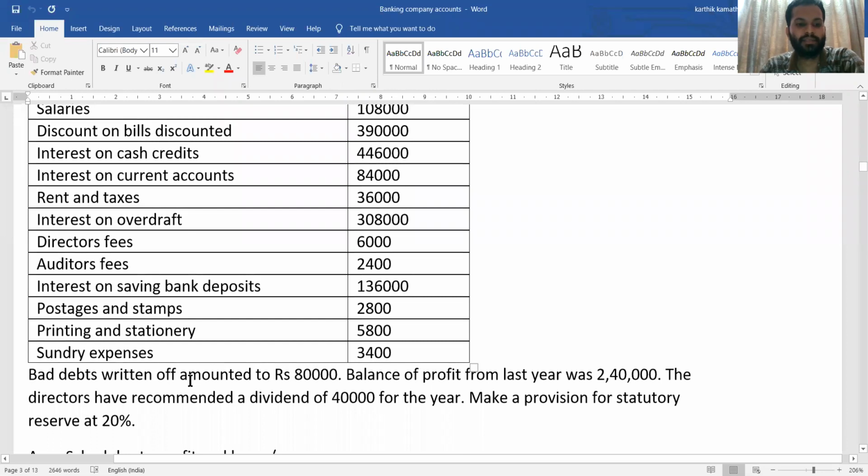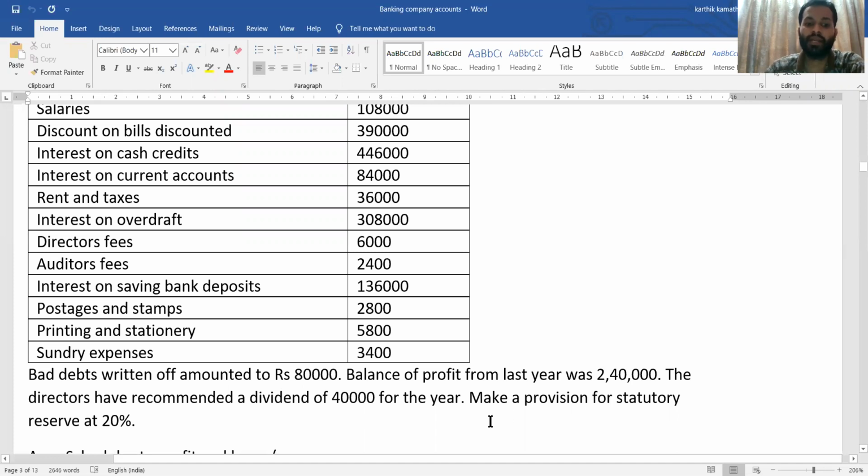Bad debts written off amounted to 80,000. So it is provisions and contingency. There is no schedule number. So you need to show it under the head of provisions and contingency, that is bad debts. Balance of profit from the last year was 2,40,000. Previous year profit is given. So profit brought forward from the last year, while preparing the profit and loss account under the head profit and loss, you are going to show this information, 2,40,000.